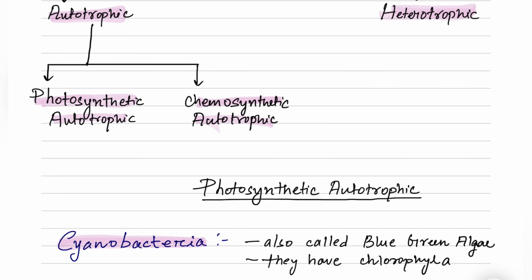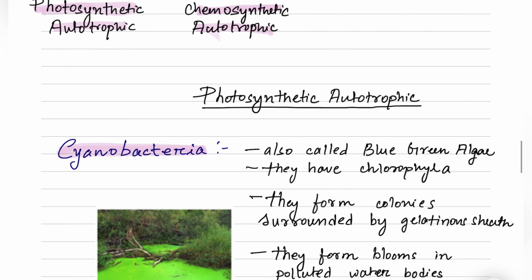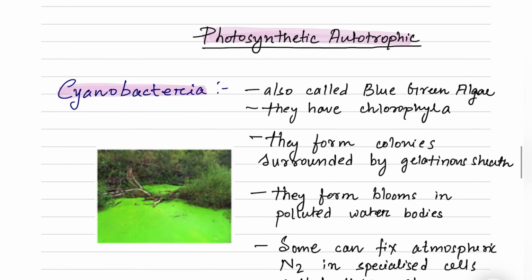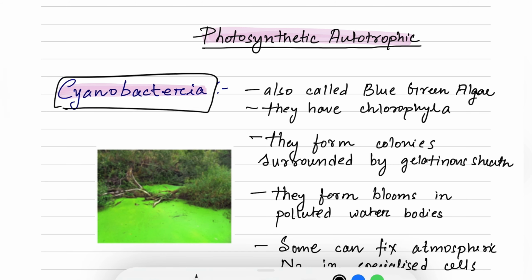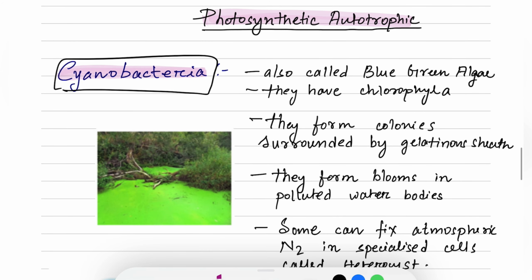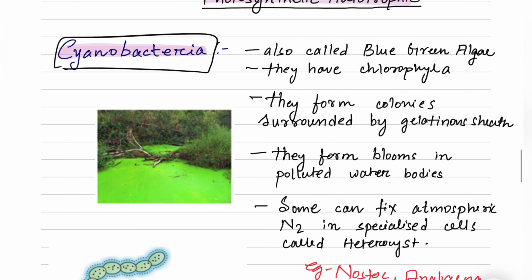Photosynthetic autotrophs perform photosynthesis, and the most important example is cyanobacteria. Cyanobacteria is a very important example of photosynthetic autotrophic Eubacteria. Cyanobacteria is also called blue-green algae.